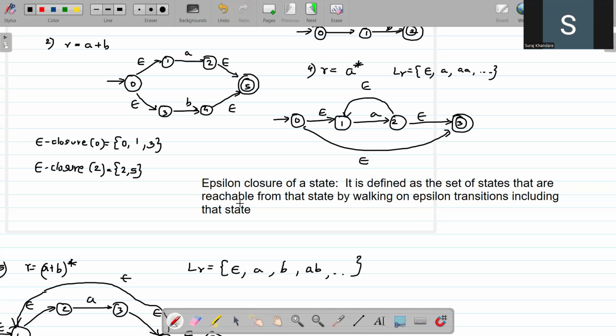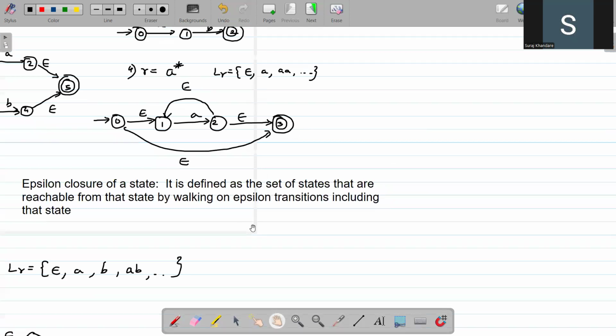Now let us see another example, R is equal to A star. For that we will calculate the epsilon closure of certain states. So here, epsilon closure of 0.